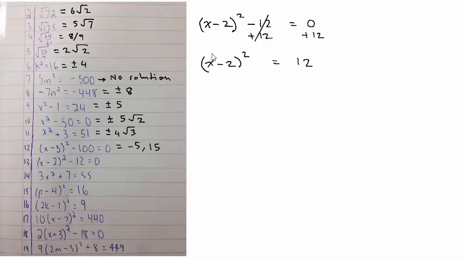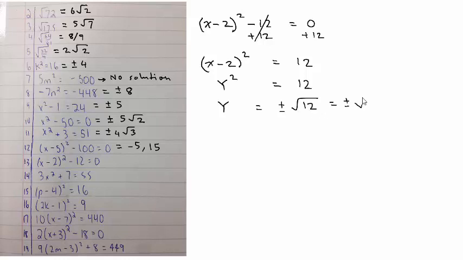Now this is like saying some y, let's call this a y again. So y square is equal to 12, and therefore y is going to be equal to plus or minus the square root of 12. Now the square root of 12 can be broken down.